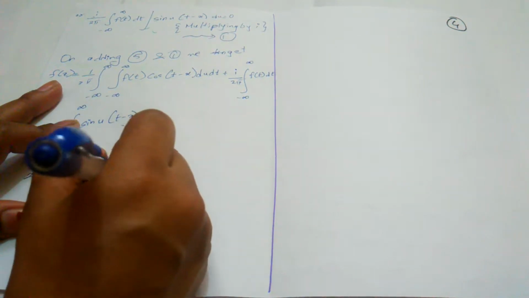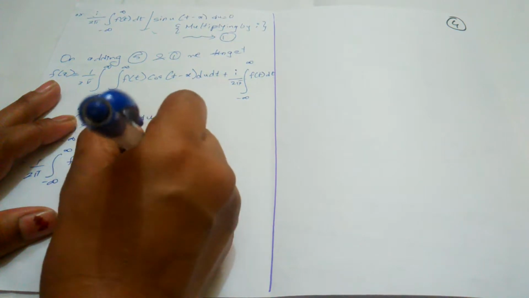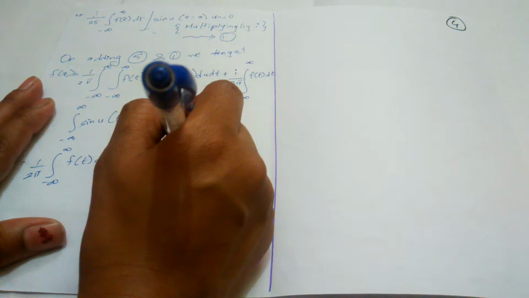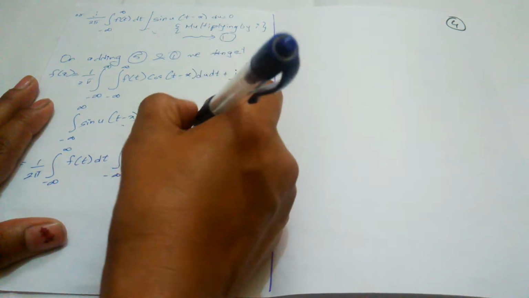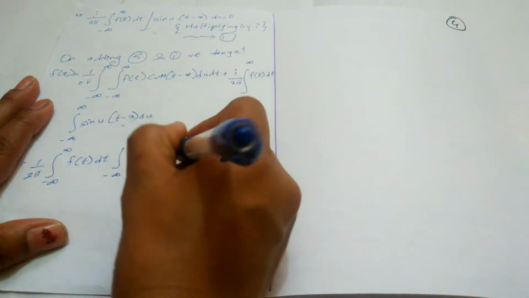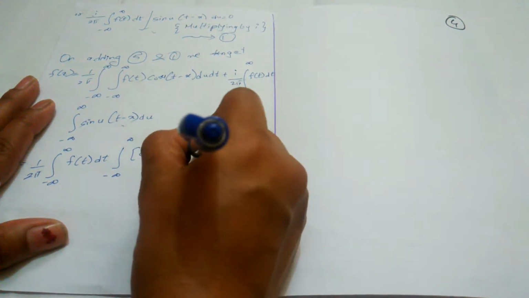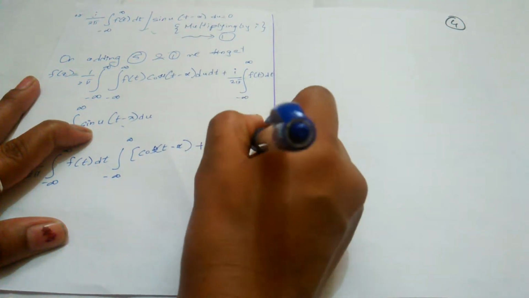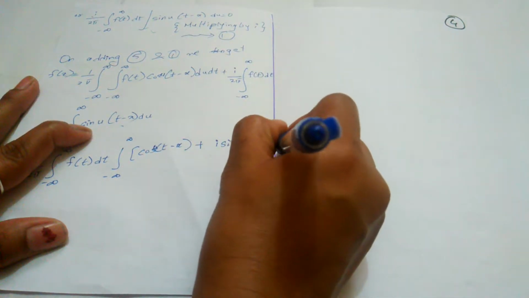Now integral minus infinity to infinity, this term in the bracket, cos u(t minus x) plus i sin u(t minus x), into du.